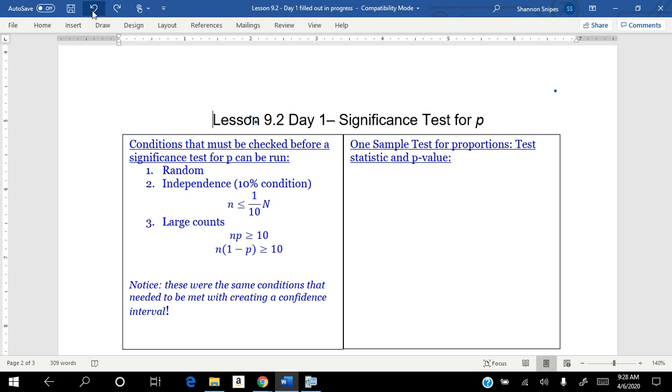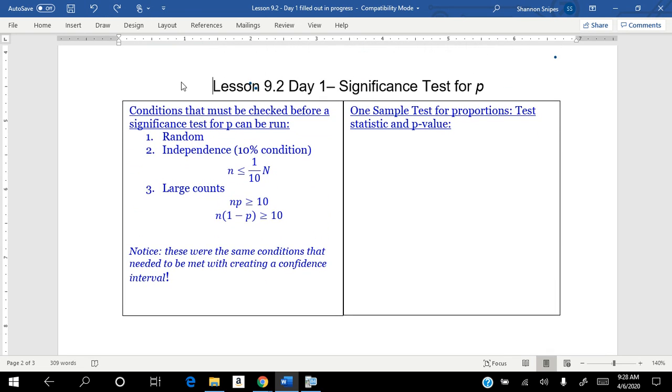These are the exact same conditions that we met with creating a confidence interval. There is a possibility on your AP exam that they will give you a problem where the conditions are not met. If that happens, you have to say something along the lines of, okay, this condition has not been met, I'm going to keep going.